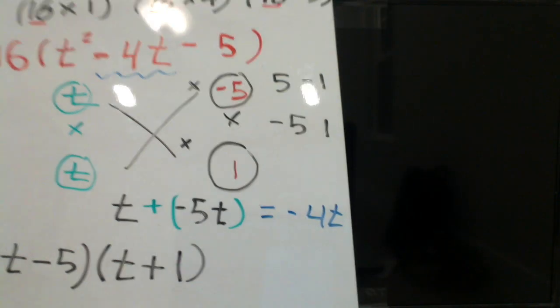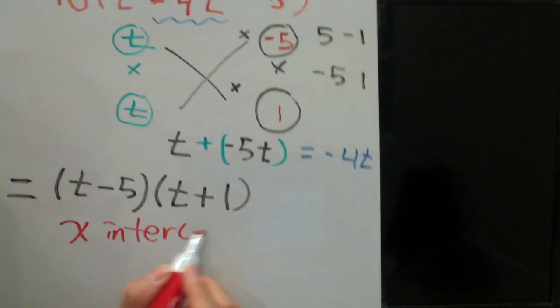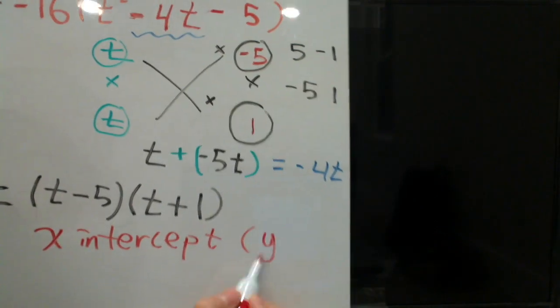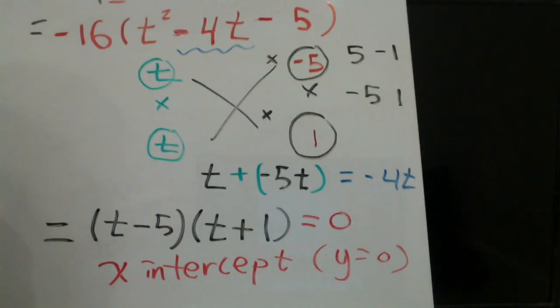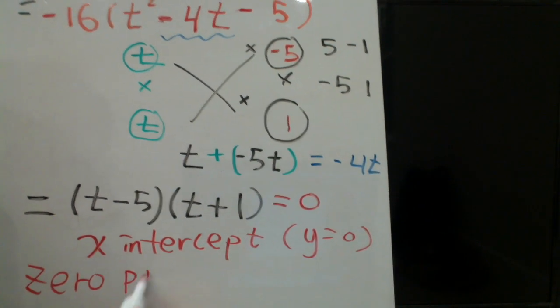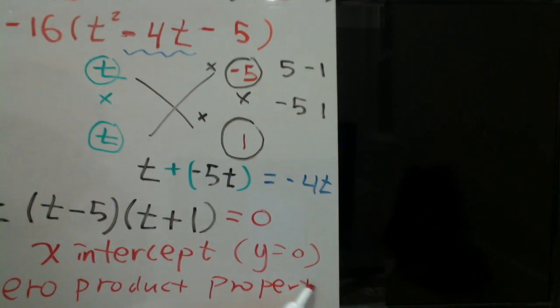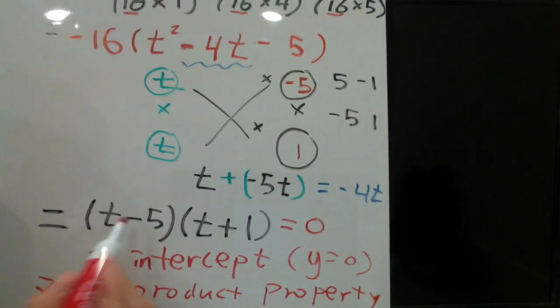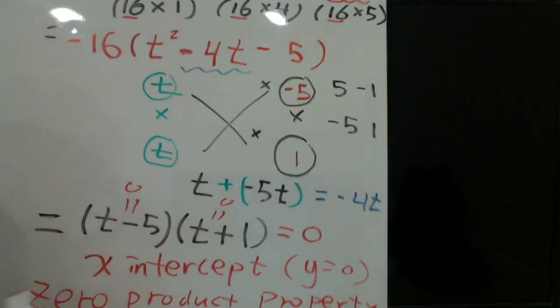Okay, so we are looking for x-intercept. X-intercept means when y is 0. So I'll do, this is 0. Do you remember zero product property? It means either this is 0 or this is 0 to make this 0.